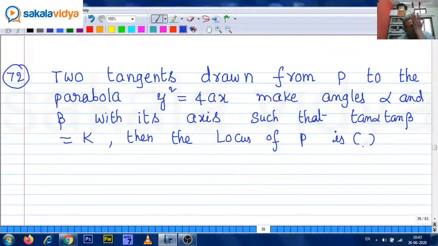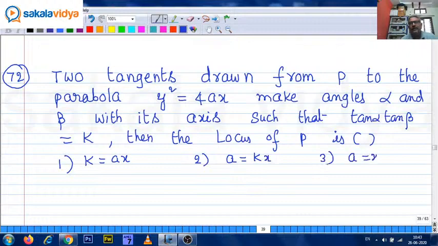One of the viewers asked this kind of doubt through WhatsApp. Please check your answer now. First one, k equals ax. Second, a is equal to kx. Third, a is equal to x.